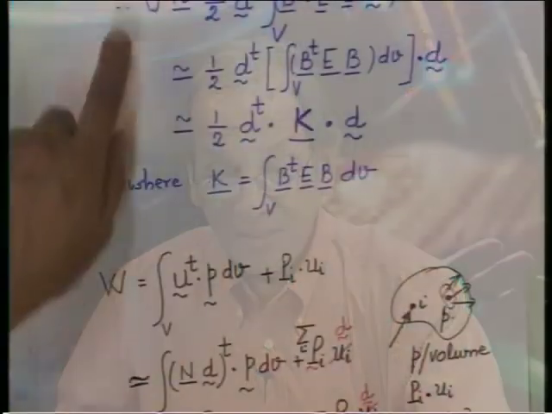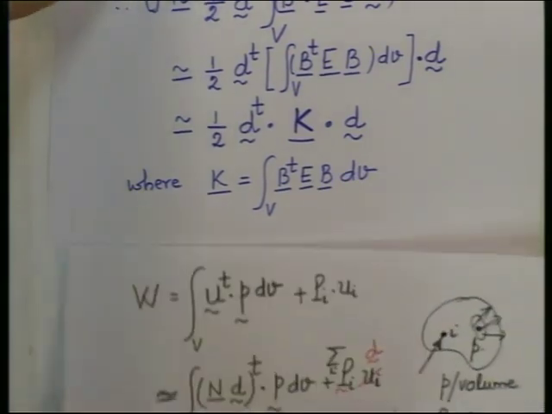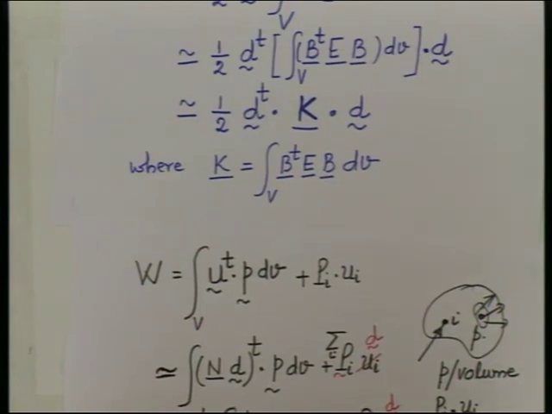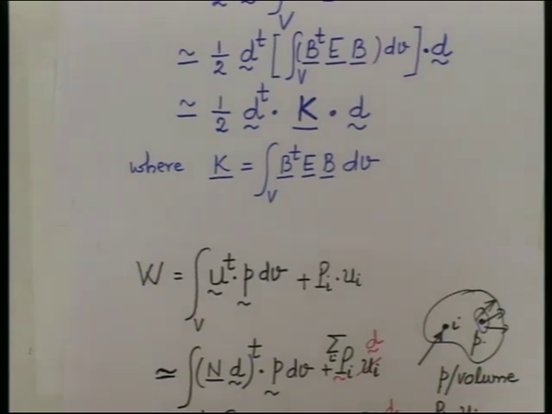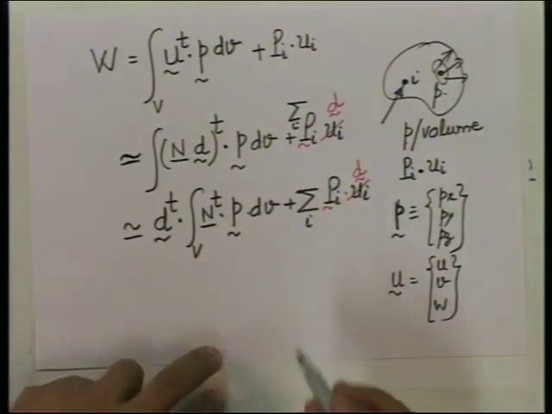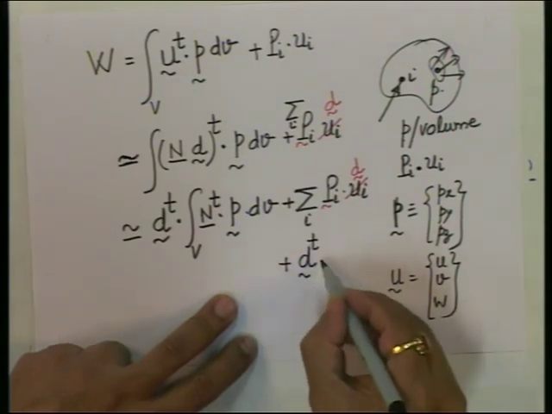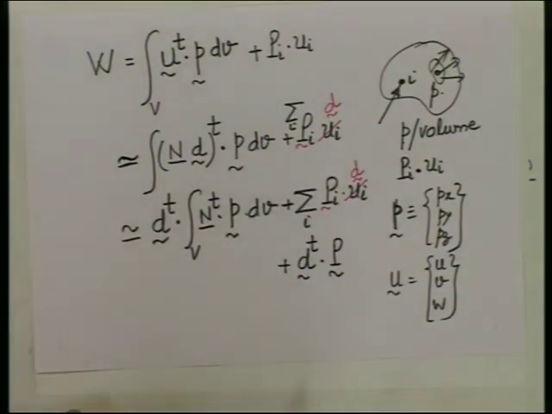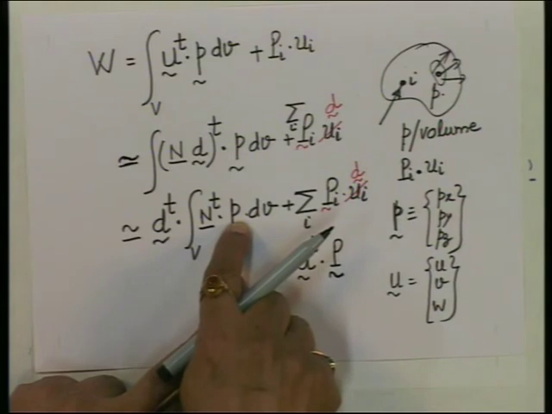Therefore, we have 2 expressions: one for energy, the discrete energy, and one for work done. We can also write this as d transpose P. If you include all d's and all P's, all these P's are different from this small p, which is the distributed load per unit volume.